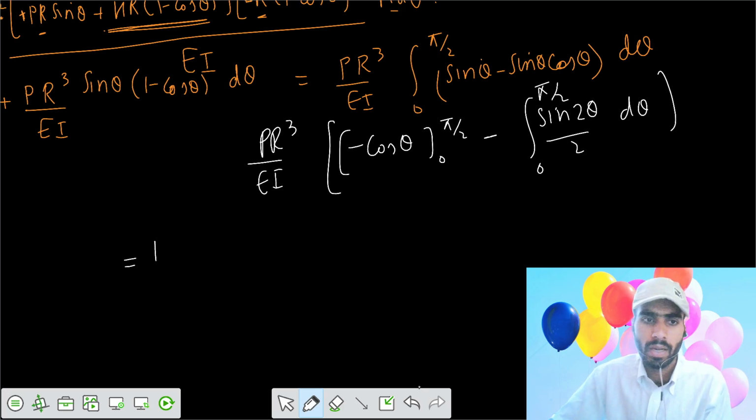So we can write P R cube by EI, what's the value of cos pi by 2? That is 0, and cos 0 is 1, so that's minus 1 finally.